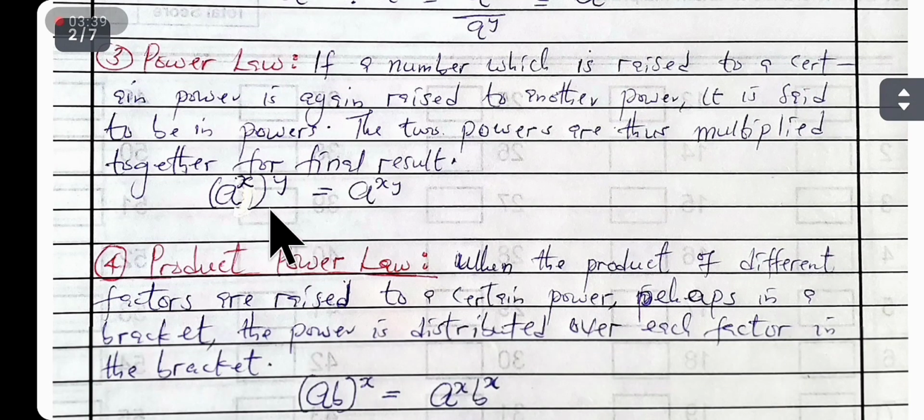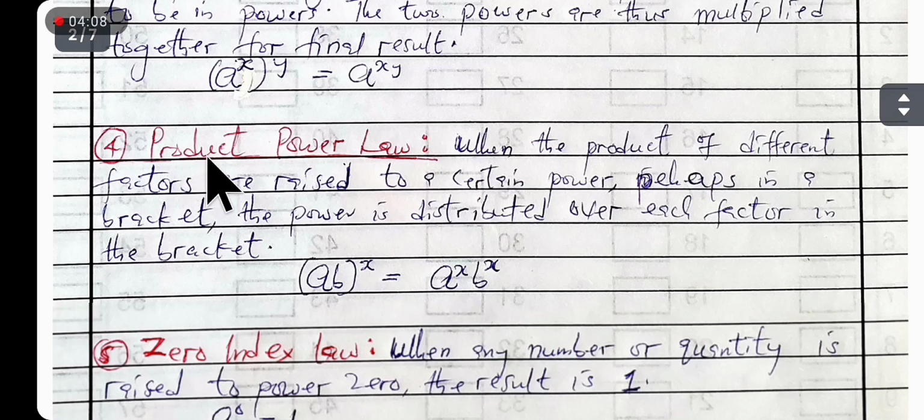This is what it means: a raised to power x, this x is the index or power, and all of them enclosed again, still raised to power y. If you have a setup like this, what you need to do is multiply the powers to make them a single power or index. So it's going to be a raised to power x times y, which is xy. We call it the power law.